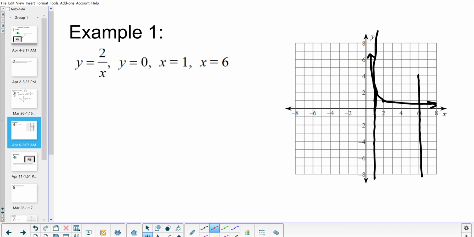Oh, and I should have bound also, okay, so this, and this. So this is the bounded area that we are rotating, and we are going to rotate that around the x-axis.